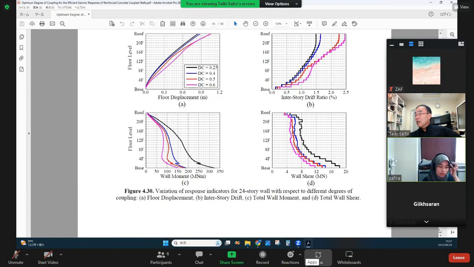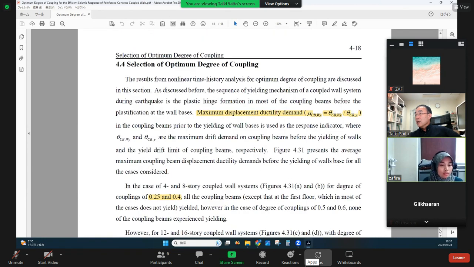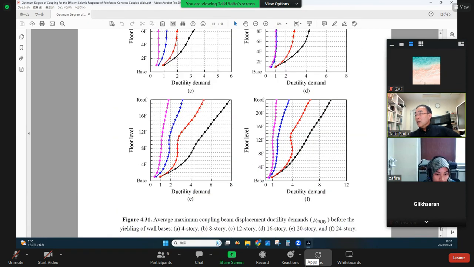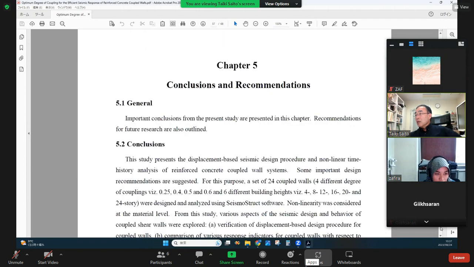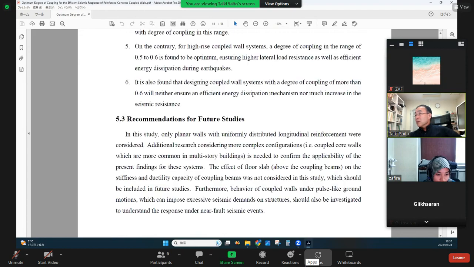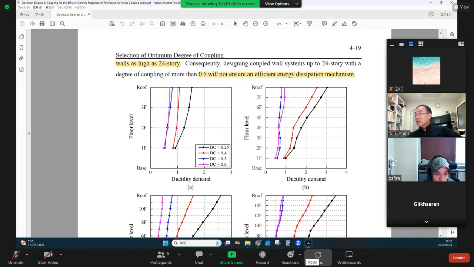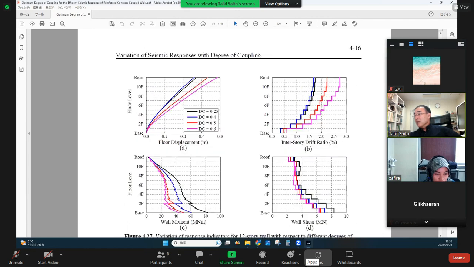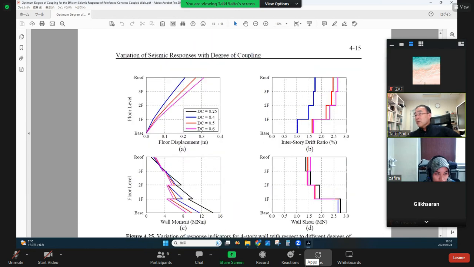And he also did selection of the optimal degree of coupling. I don't know if he compares the estimation by displacement-based design with time history analysis.